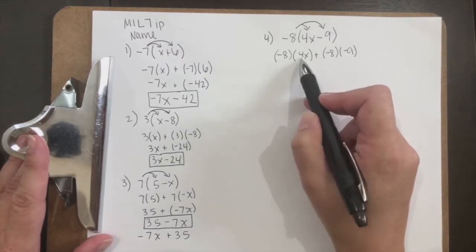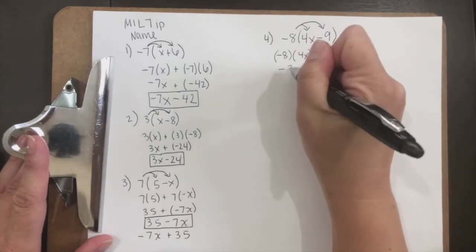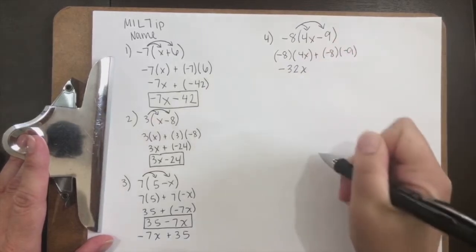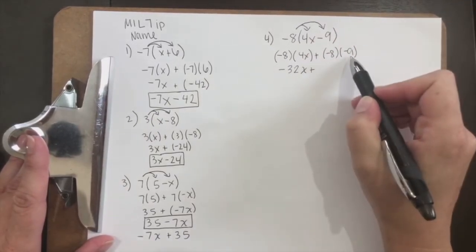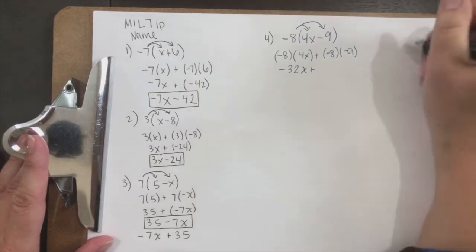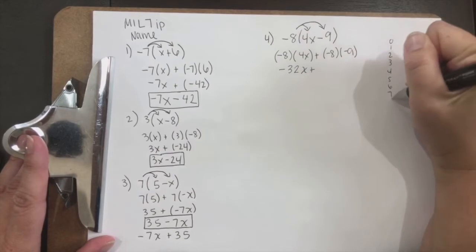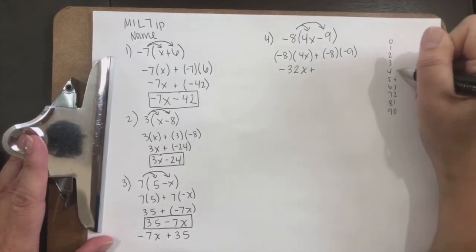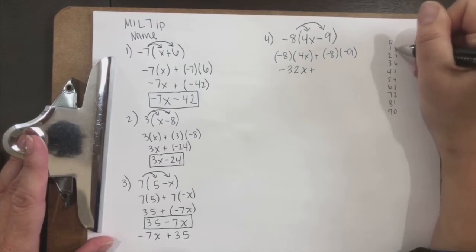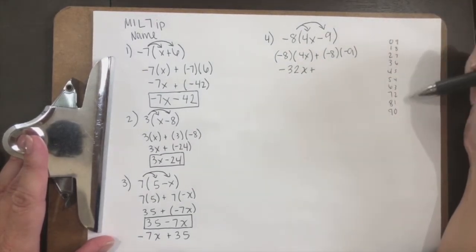8 times 4 is 32, and then there's a negative and an x. So -32x plus 8 times 9. Do you remember that trick where we wrote 0, 1, 2, 3, 4, 5, 6, 7, 8, 9, 0, 1, 2, 3, 4, 5, 6, 7, 8, 9, 9 times 1 times 2 times 3, all the way up.